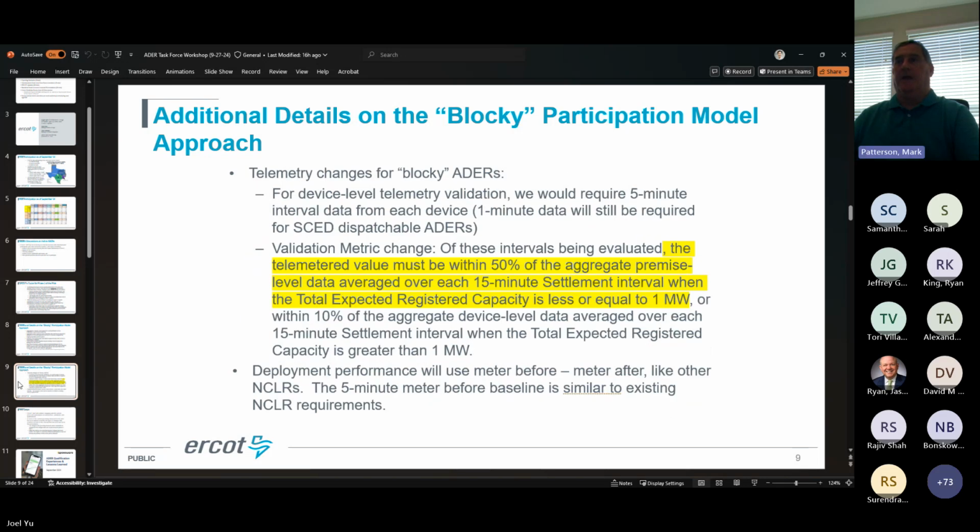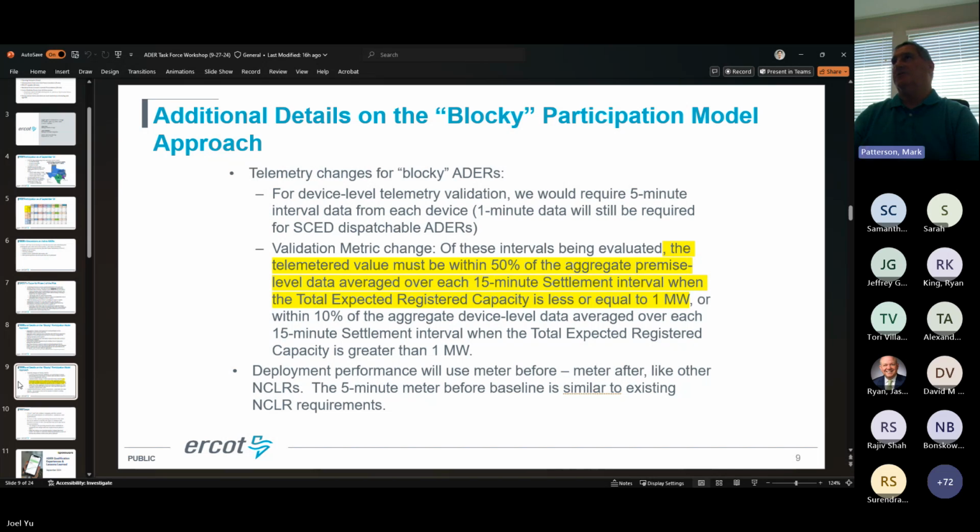Okay. This is the only other slide really I have on the blocky load concept. But let me just be clear. I didn't list every requirement to participate as a blocky load under this model change.